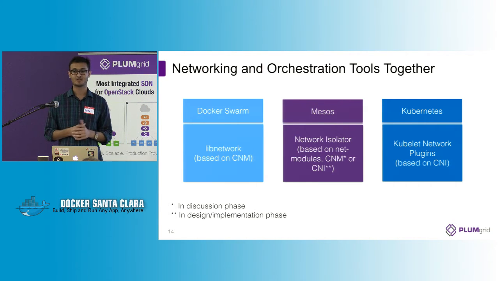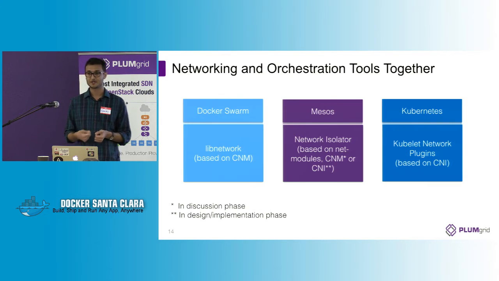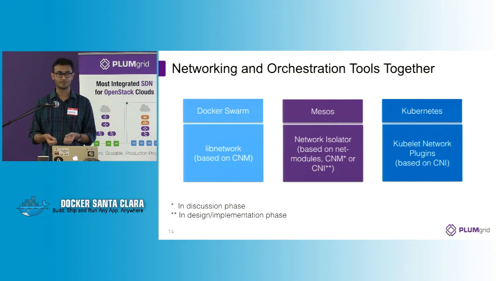Then if you talk about some other containerizer, let's say the Mesos containerizer or a unified containerizer, Mesos is introducing this notion of a network isolator, which is equivalent to a network module or a plugin, which allows you to have different implementations at the backend.